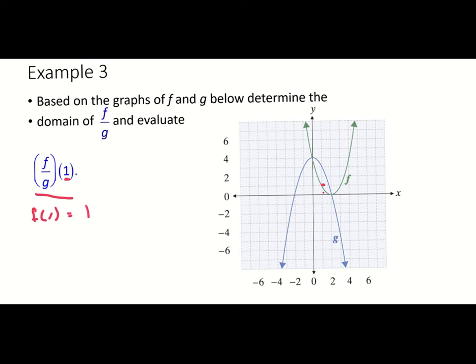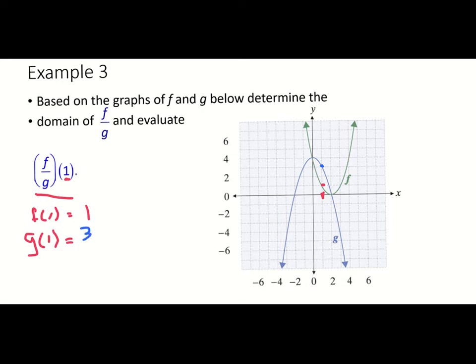Do the same thing with g. Find g of 1. And let's see here. If I, again, find 1 on the x-axis, which is right here, and you go up until you find the point where g is on 1, all right, my y value here is going to be 1, 2, 3. So 3.